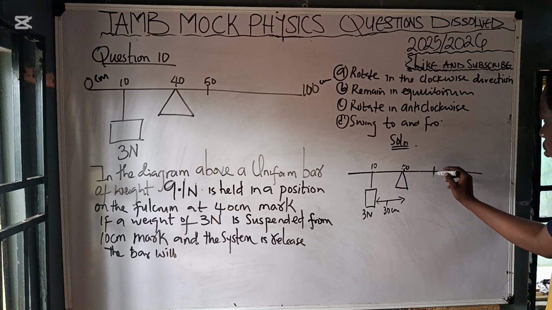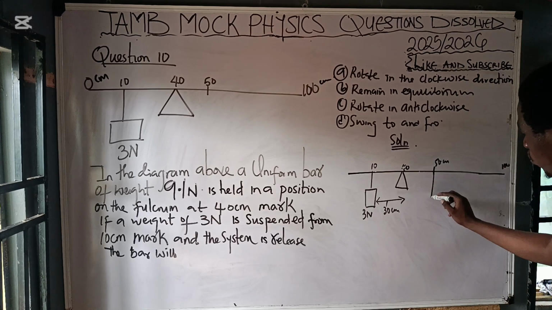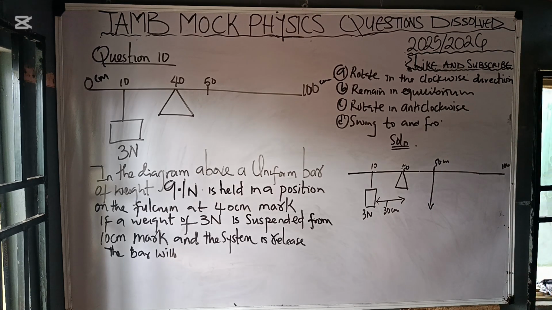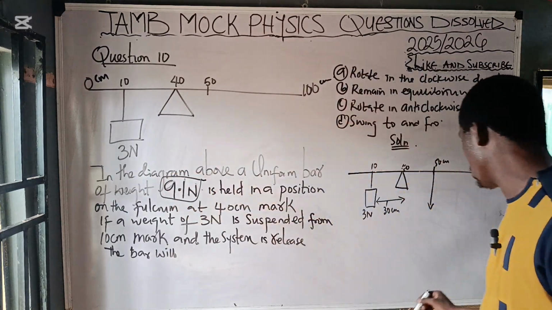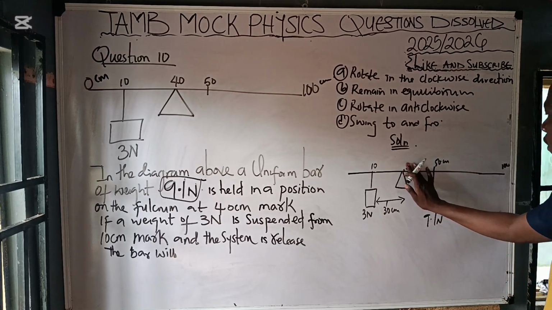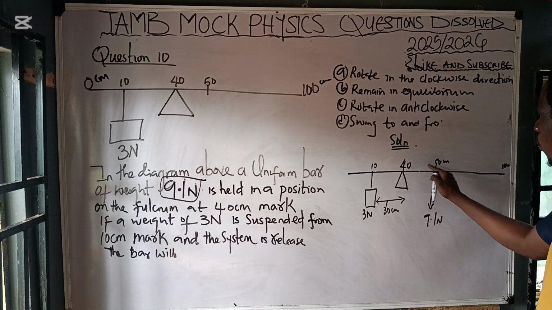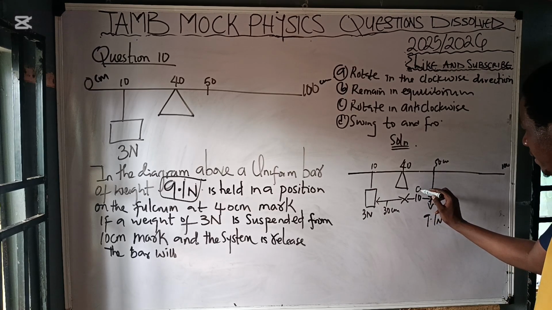And then you have 50 centimeter here, and then you have 100. This is the weight of the metal bar. The metal bar weighs 9.1 Newton, so we can put it there. What's the distance from 40 to 50? From here to here will be 10 centimeter.